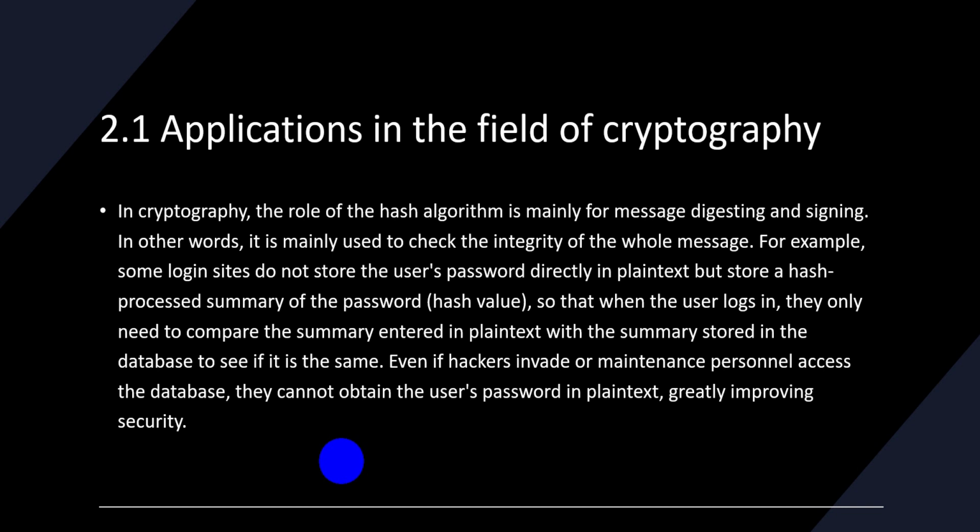For example, some login sites do not store the user's password directly in plaintext, but store a hash processed summary of the password, which is the hash value, so that when the user logs in, they only need to compare the summary entered in the plaintext with the summary stored in the database to see if it's the same. Even if hackers invade or maintenance personnel access the database, they cannot obtain the user's password in the original plaintext, so it improves the security.